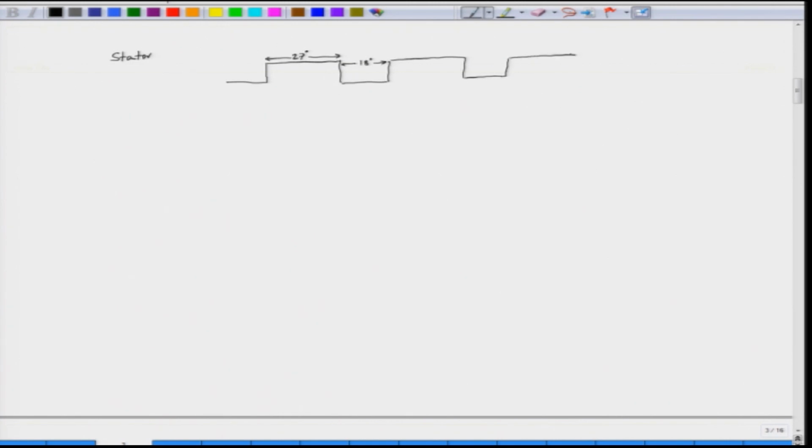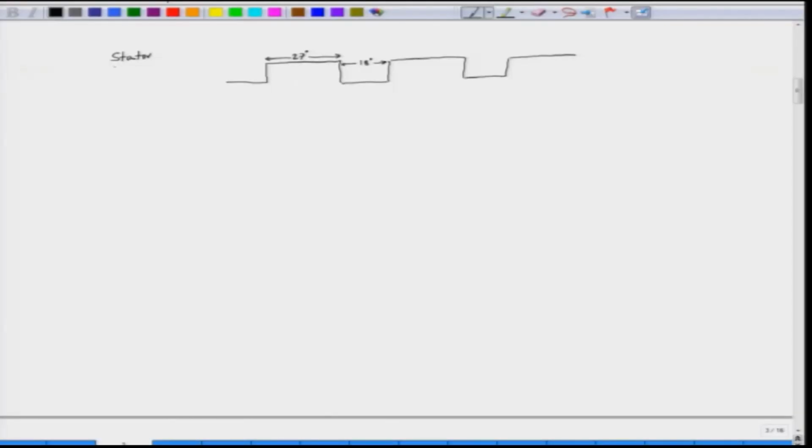So, what we have tried to do here is that we have cut the stator and opened it. We have developed the stator, so we are able to see the angle as linear distances. This is the stator that we have already mentioned here, and this is the pole arc and this is the slot arc.